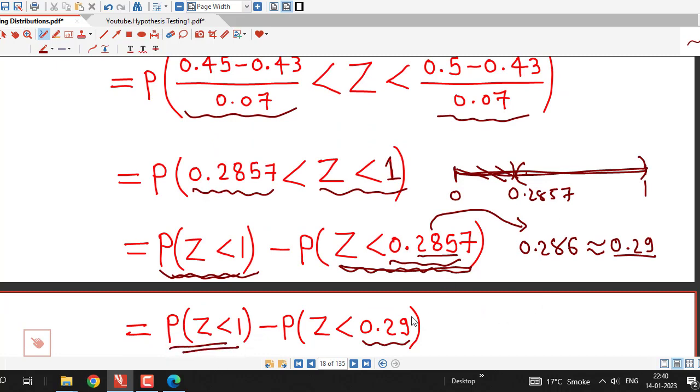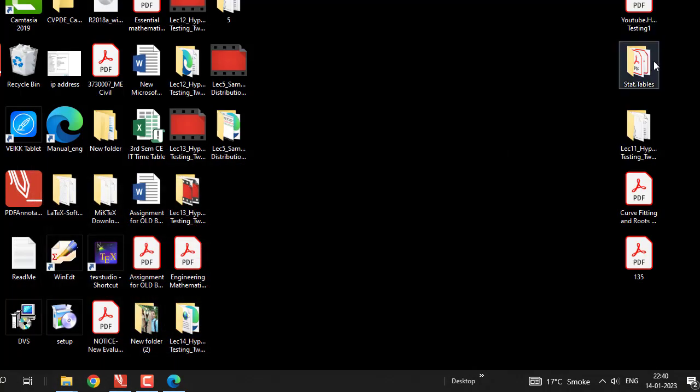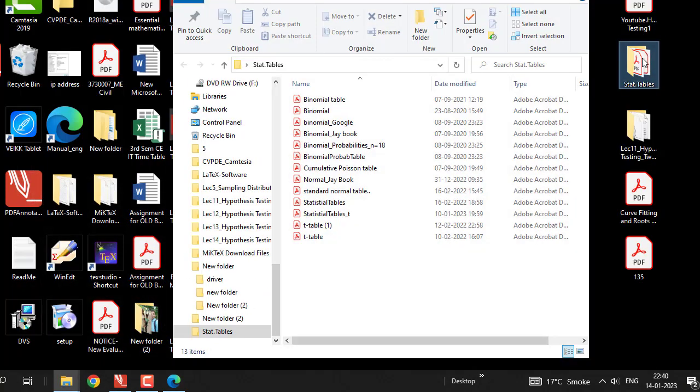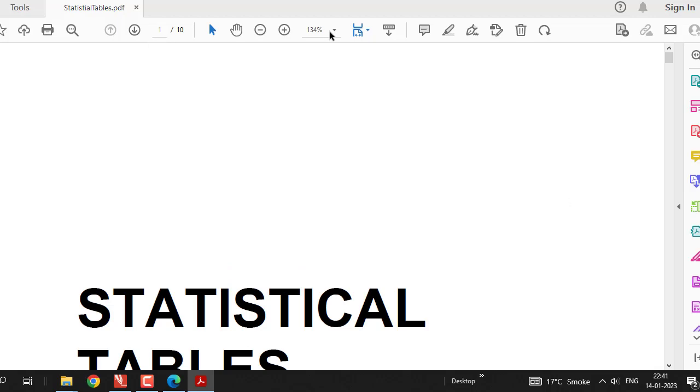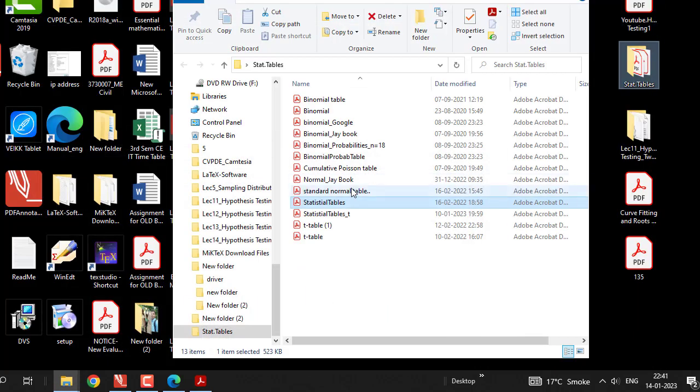Now for this I have to see in the cumulative standard normal probability table. So let me find out that table, statistical tables, and I have to search for cumulative probability table. Just a minute.